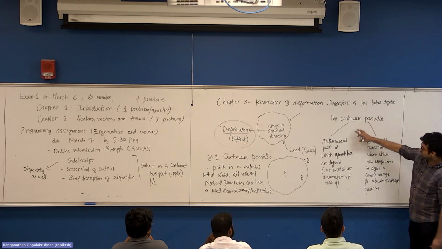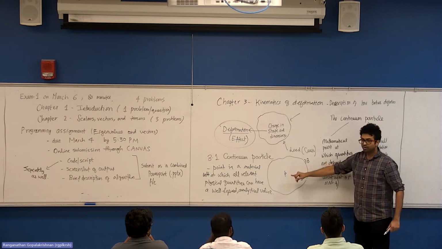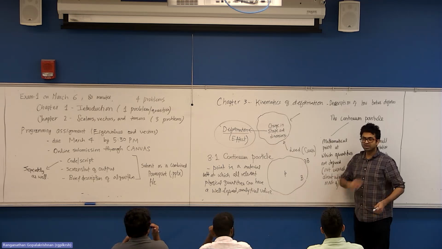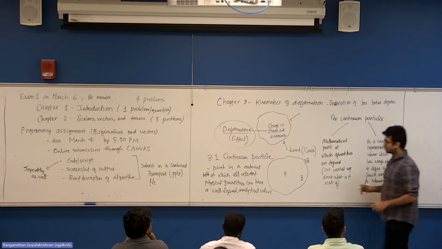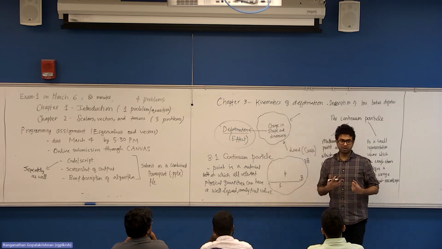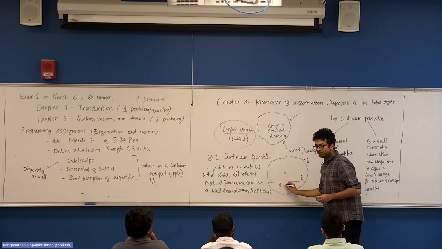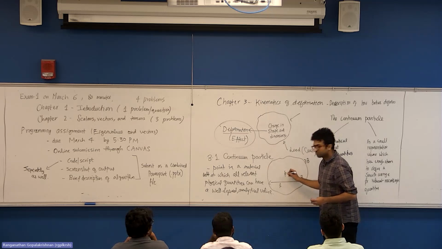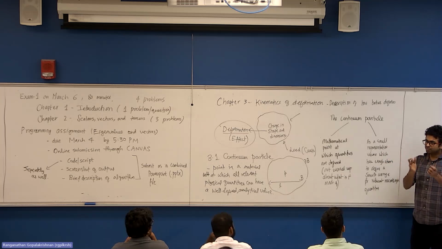So you can think of it just as a mathematical quantity. It's a point. At that point, all my quantities are defined, end of story, move on. Or you can also think it's a point which is a teeny tiny volume. It's so tiny that when I zoom out and my system scale of interest is some length, which for us is usually of the order of at least microns or millimeters or bigger, the internal details of this point are irrelevant because those internal details are of the scale of atomic dimensions.